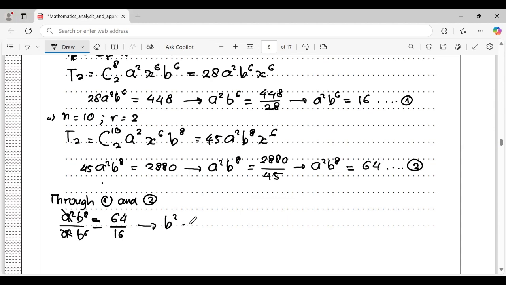So b squared equals 4. It means b equals the square root of 4, which is 2.